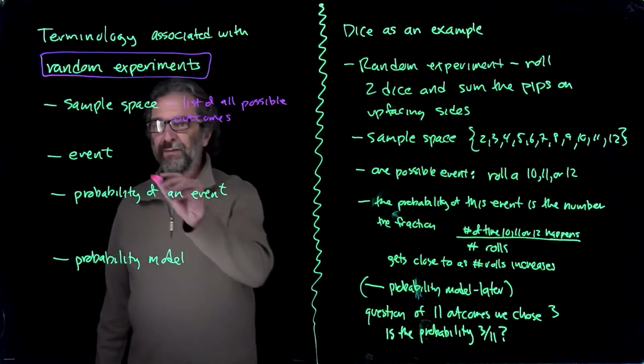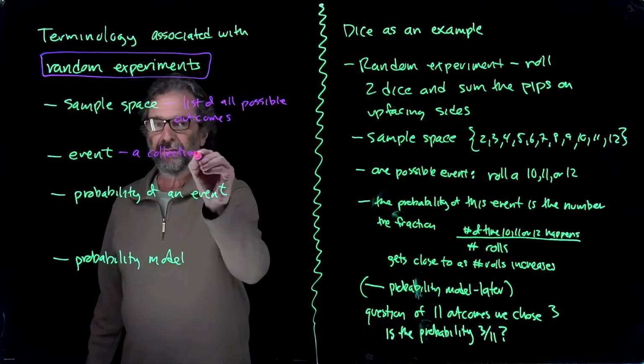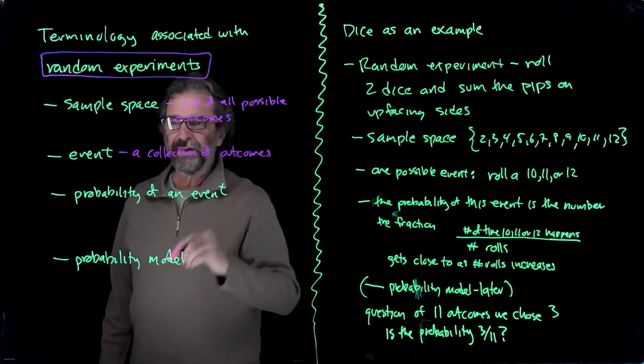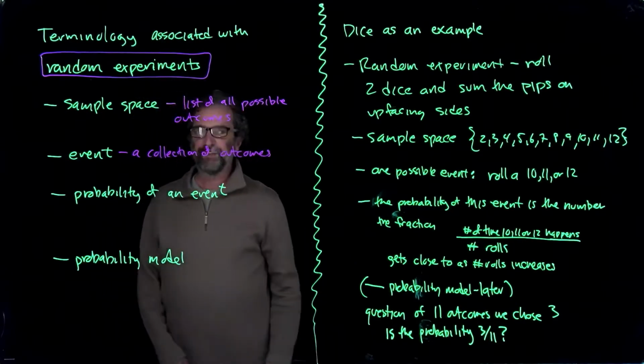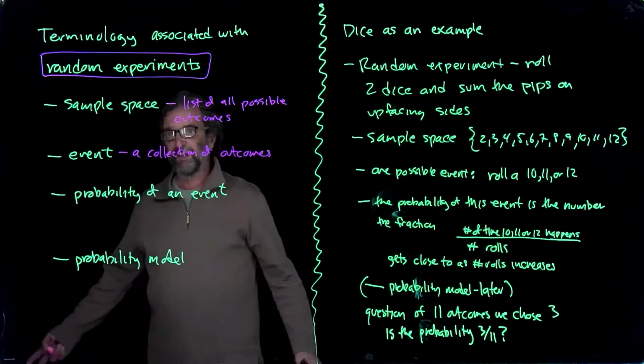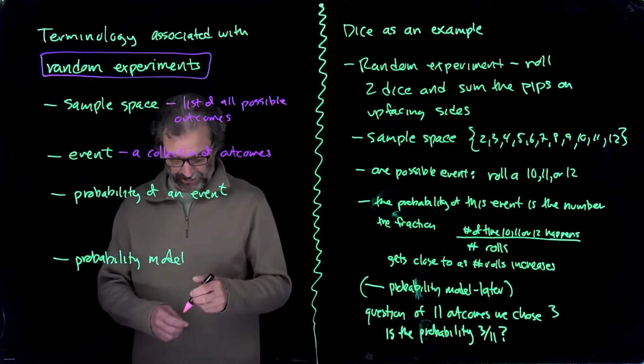An event is a collection of outcomes. I should say a subset of the sample space, but that sounds a little too fancy. It's a set. It's a subset of the sample space. And in fact, sometimes we'll give these things letters.